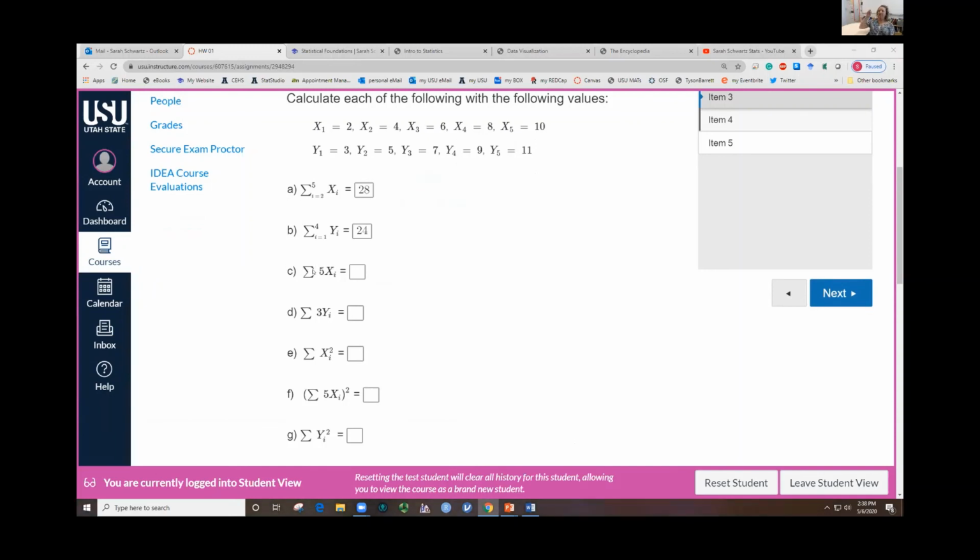What does it mean when we have a number sitting right next to a letter and they're just squished together with nothing between them? Yeah, it means multiply. So this means we're going to do 5 times each x number, and we're going to add them all up. You take each of your x numbers times 5 and add all of them up.